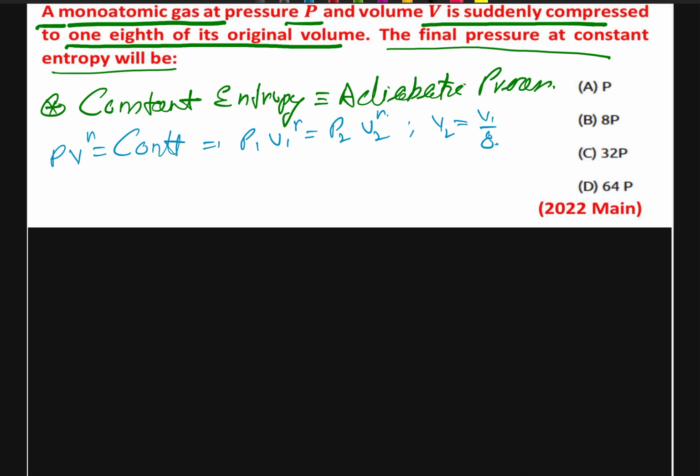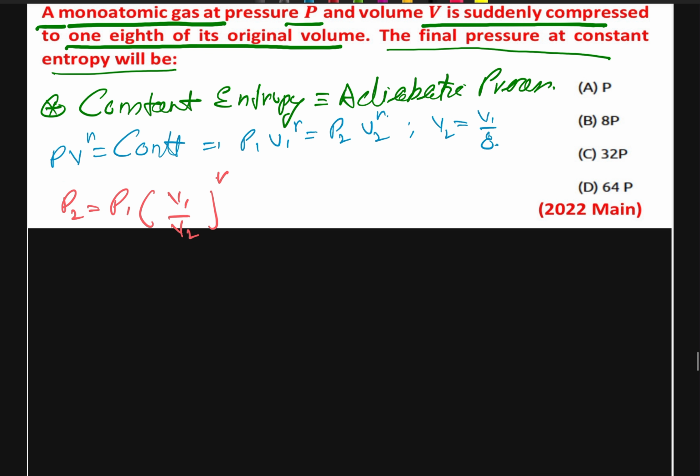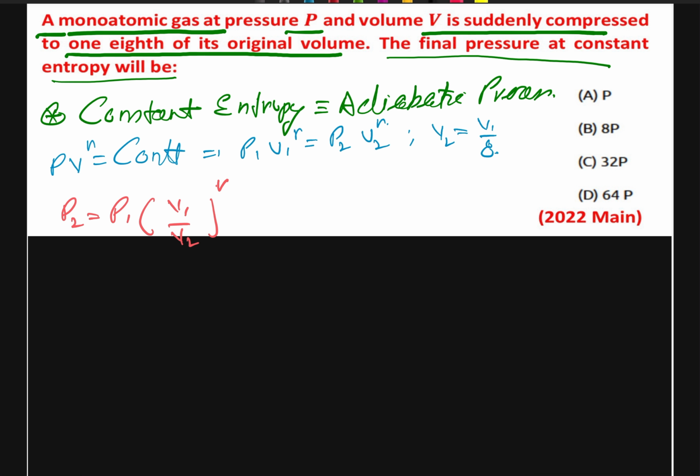Therefore we can say that P2 will be equal to P1 times V1 upon V2 whole raised to power gamma. We need to find it in terms of P. So initial pressure P1 is given as P times V1, and V2 is V1 by 8, whole raised to power 5 by 3.